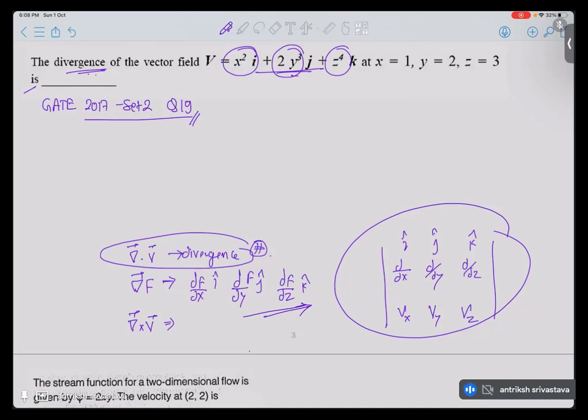So d/dx of x square is 2x, plus d/dy of 2y cube is 6y square, plus d/dz of z power 4 is 4z cube. And then we put in the values, and we have 2 plus 6 into 4 plus, sorry, 4 into 27.